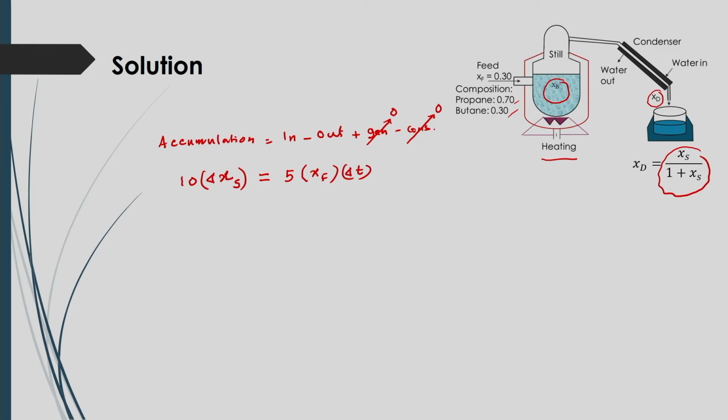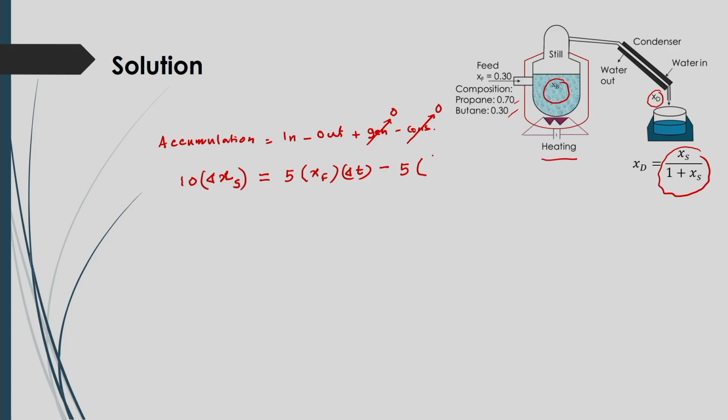So this amount of material is going into the still, and then the output will be at the flow rate of 5 of that mixture, so the total volume of that still will remain constant at 10.